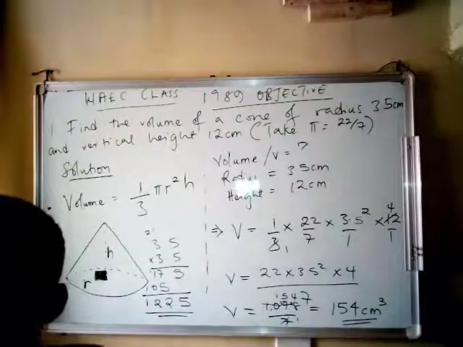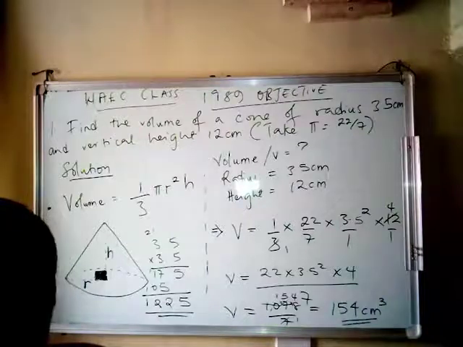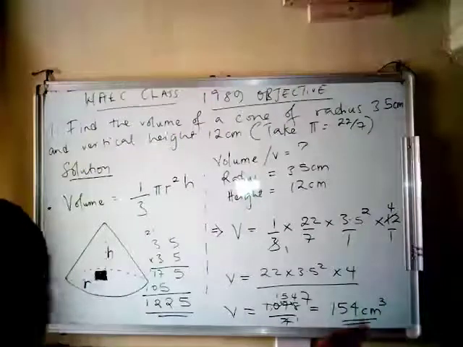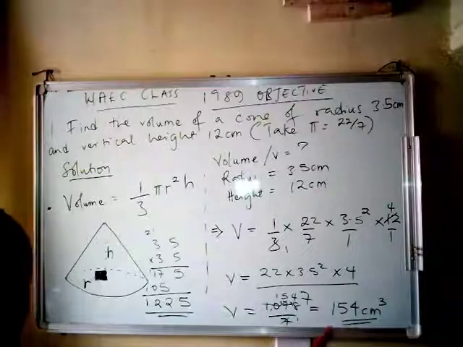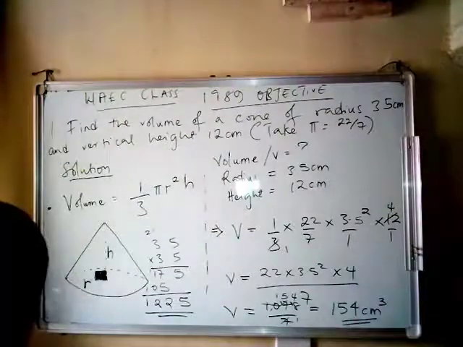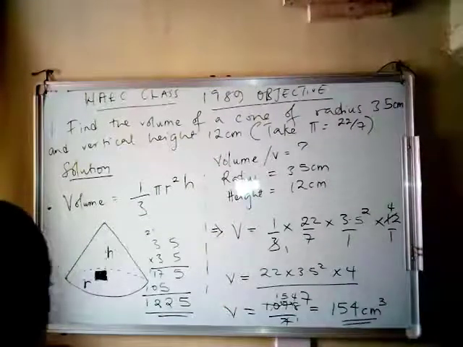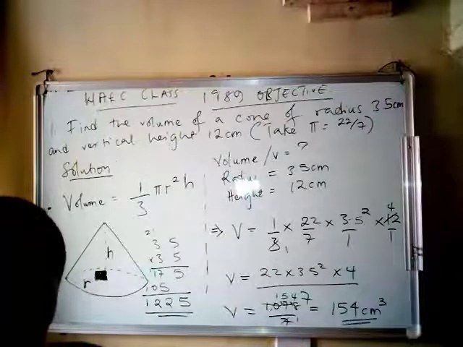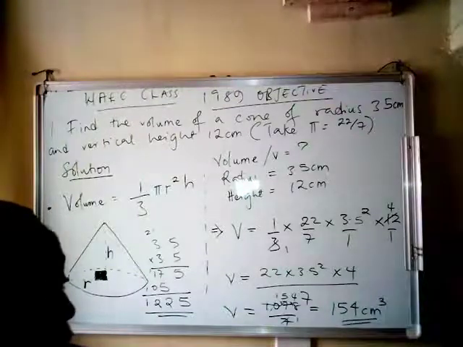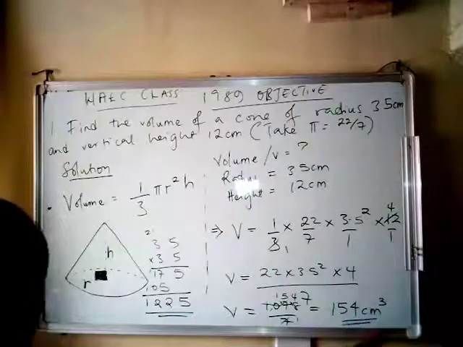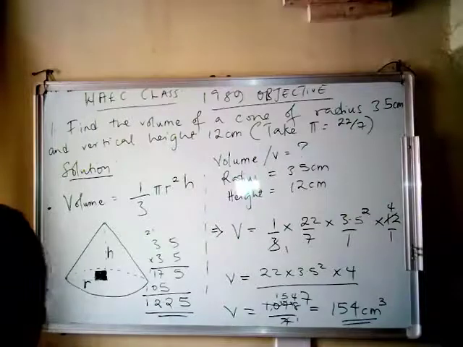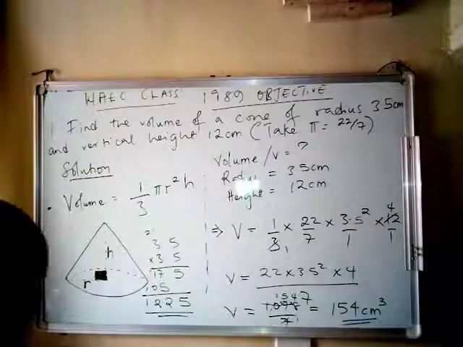So the unit to any figure changes it entirely. So when you say centimeter cube for length, of course centimeter has to do with length, so it also changes because of what you've added. So once you are working with volume, you must make sure that you add cube by the side.